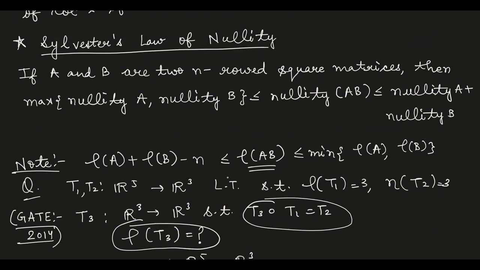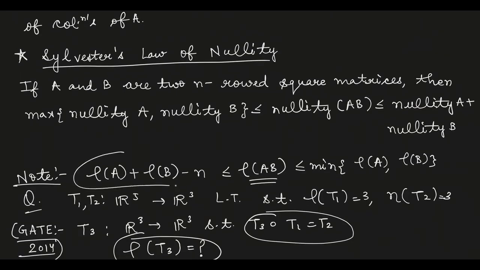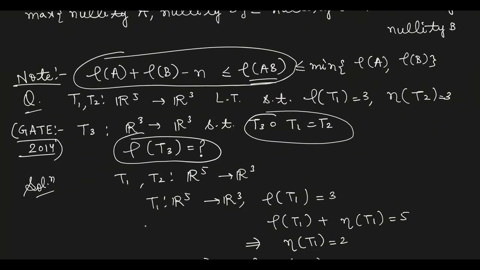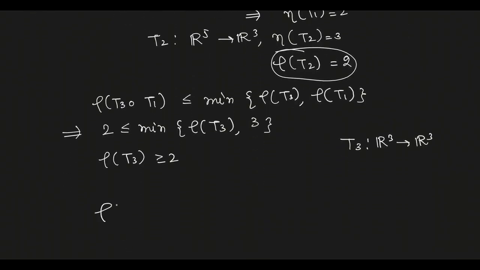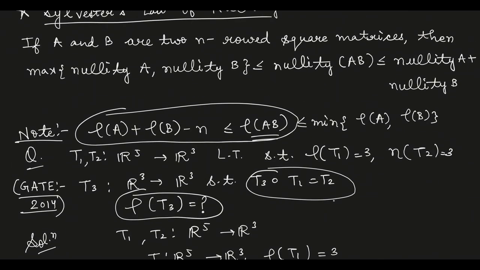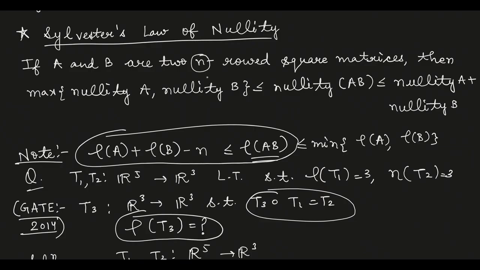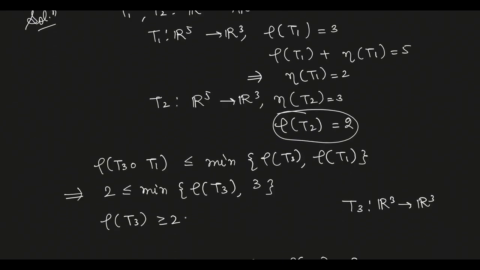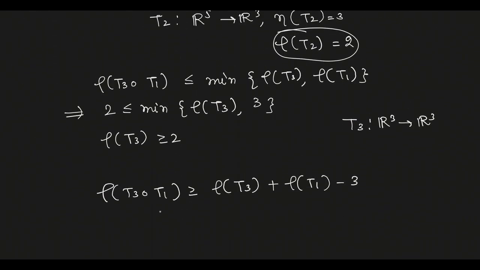And from this side also I can apply this part. Rank of T3 composition T1 is greater than or equal to rank of T3 plus rank of T1 minus 3, because n denotes the number of rows. T3 composition T1 was T2, so it is equal to rank of T2, and rank of T2 is 2.